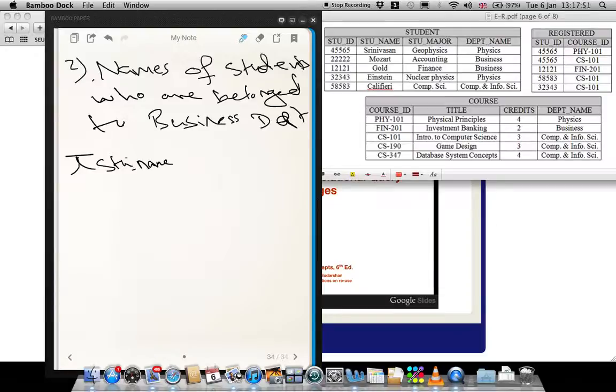Then we need to compare the tuples. We listed all the names. Now we need to compare each name against the department. We're going to start looking at the rows, and when we look at the rows, we do selection. So we use our sigma.